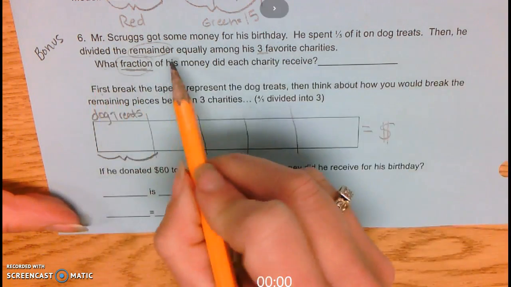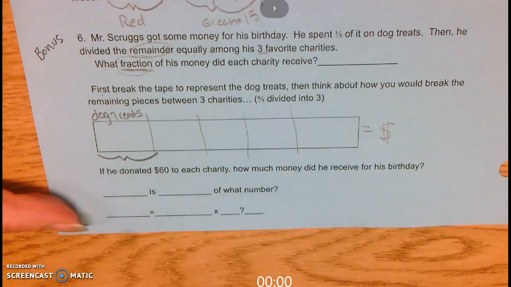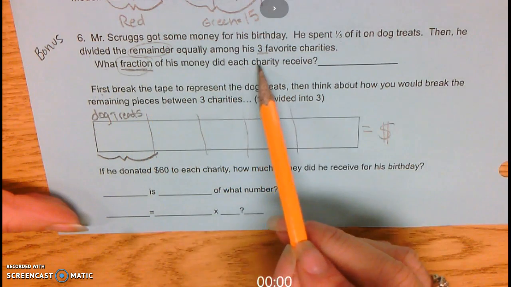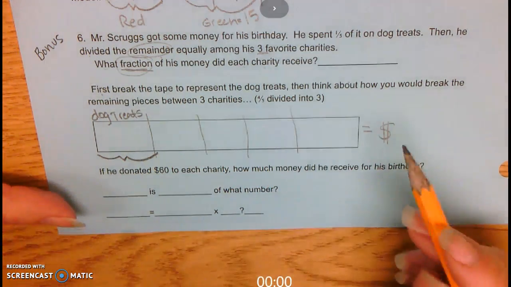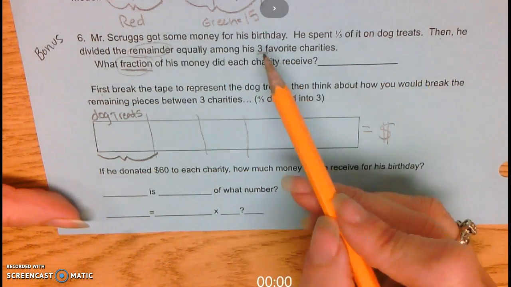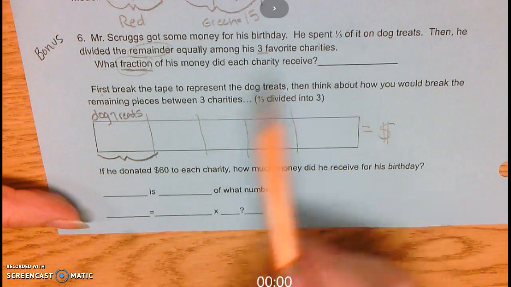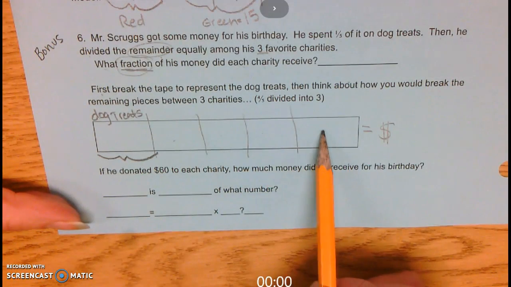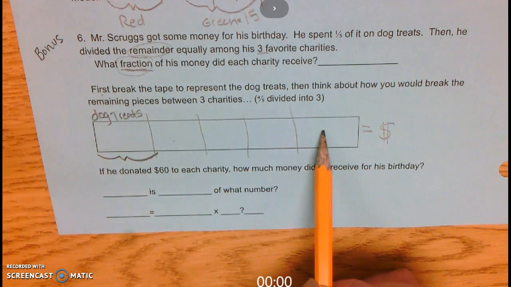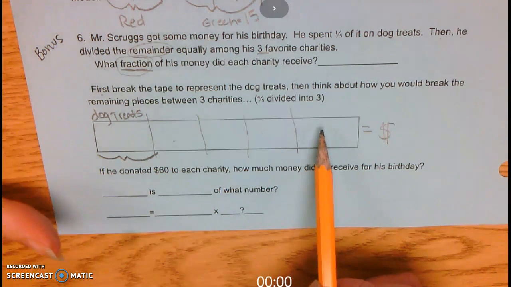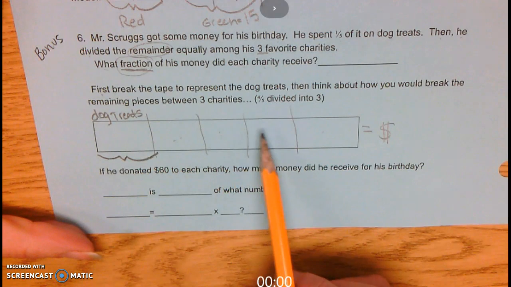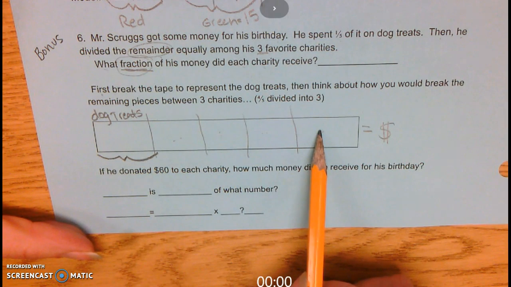So then he divided the remainder equally among his 3 favorite charities. So what fraction of his money did each charity receive? Ooh, tricky. So if I have 3 charities and I have 4/5 left, how am I going to break that between 3 sections?